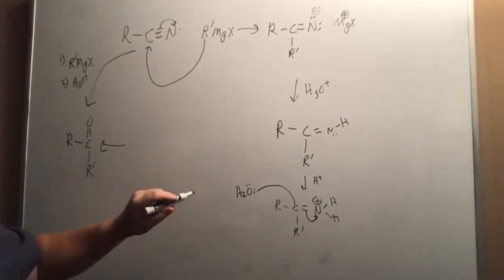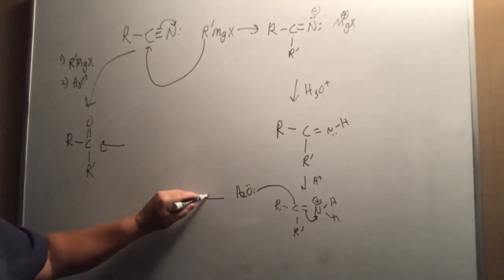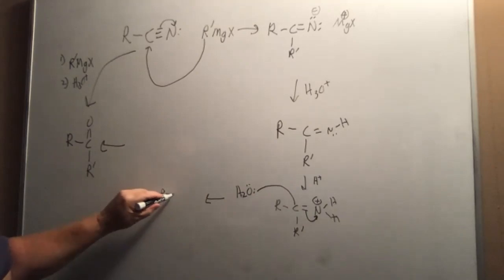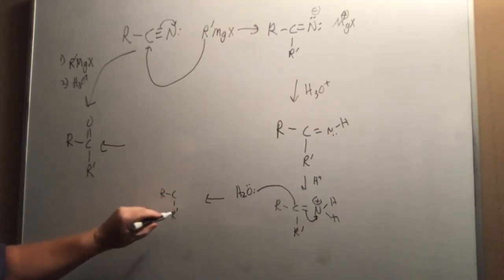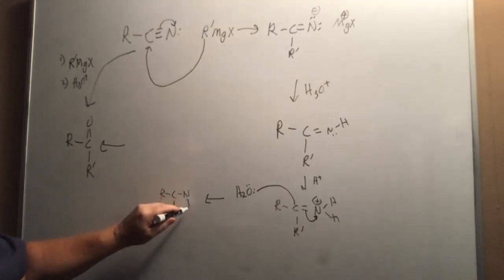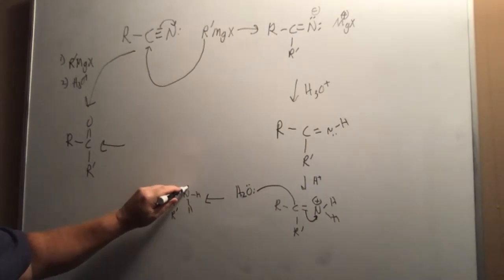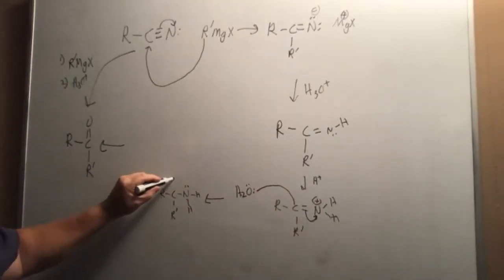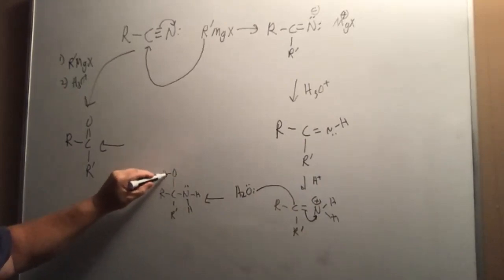Okay, so now let me redraw that. Okay, so now we have R, C, R prime, N with two H's on it. And a lone pair now, because notice the lone pair went to the nitrogen with a water attached up here.